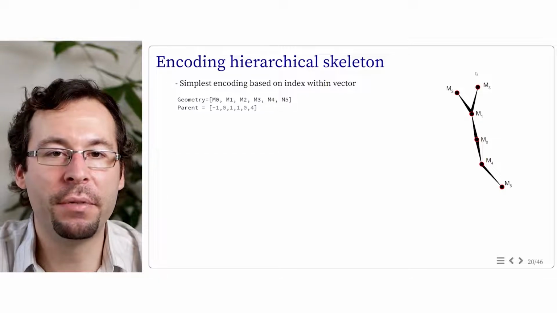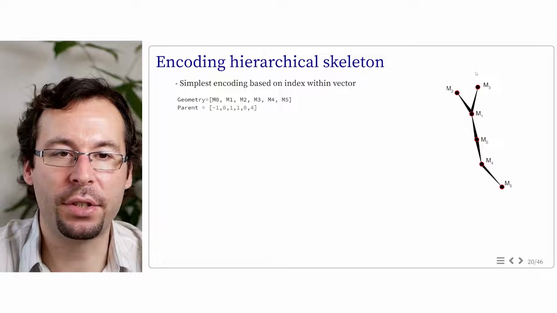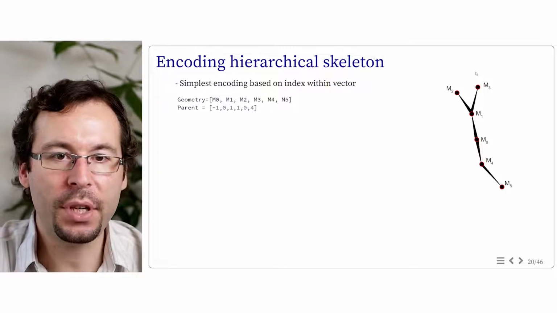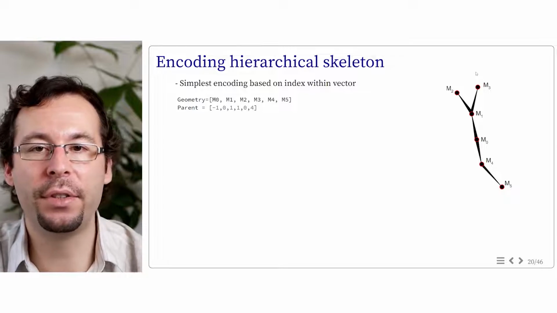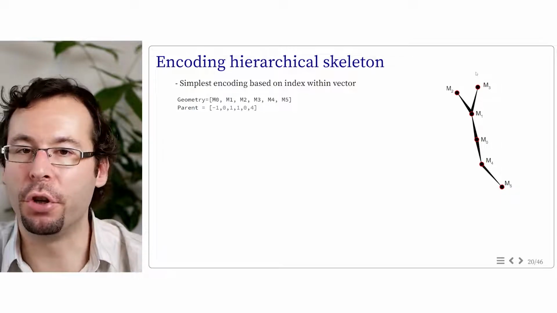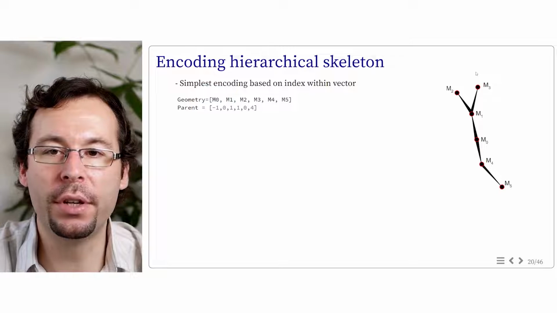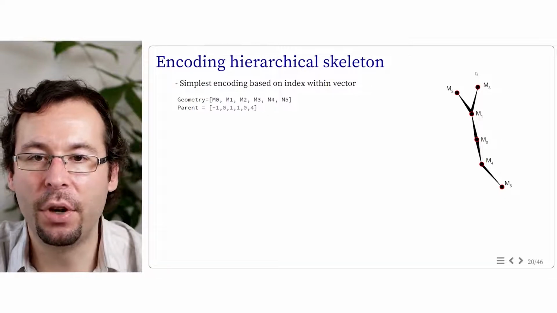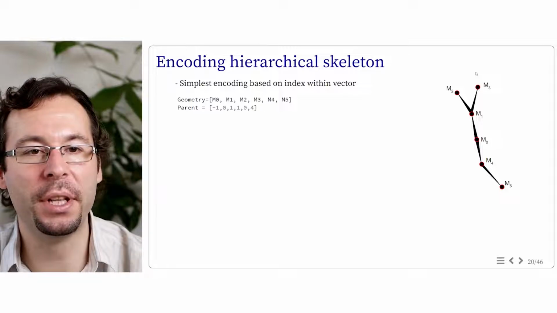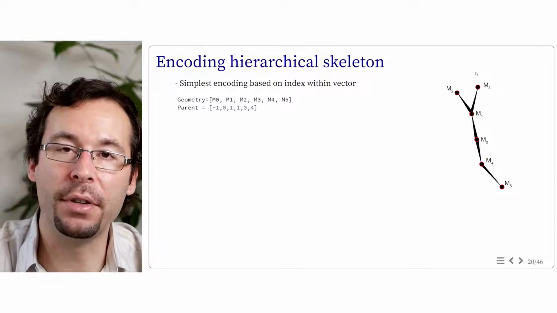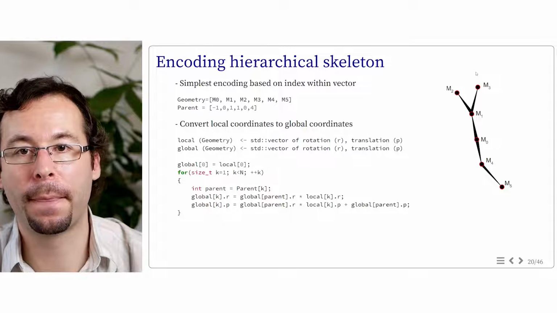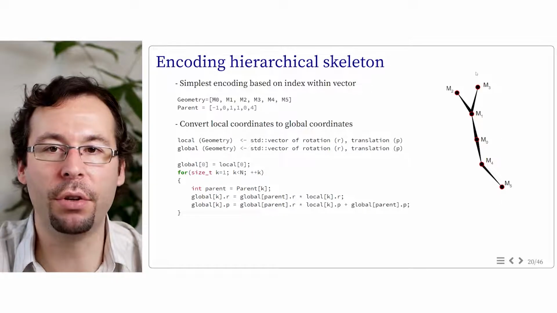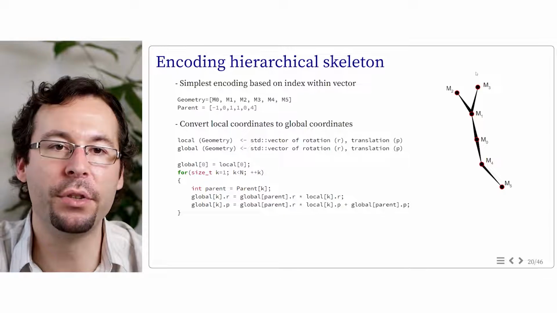And the connectivity of the skeleton tree is stored as a buffer where the entry I stores the index of the parent of I. And by convention, we can consider that the parent of the root node is -1, for instance, and then we can continue after that. The only constraint is to define the geometry of a joint after its parent in the buffer. And here is an example of C++-like code converting the local coordinates to the global one using this structure.